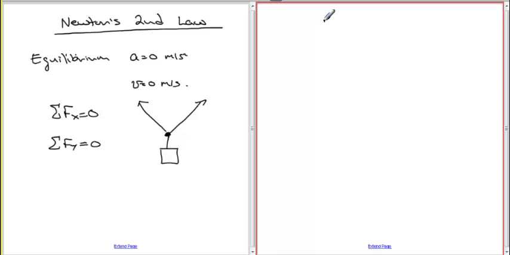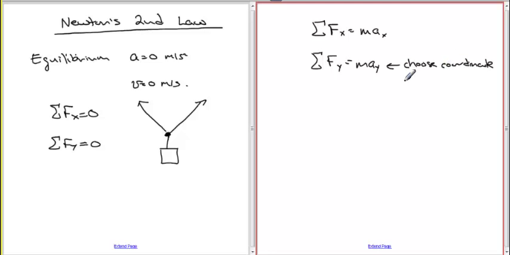So under those cases, you have the sum of the forces equals the mass times the acceleration in the y direction, and then you've got the sum of the forces in the x direction here, and then this. But if you choose your coordinate systems correctly, you can usually make it so that this one is 0.